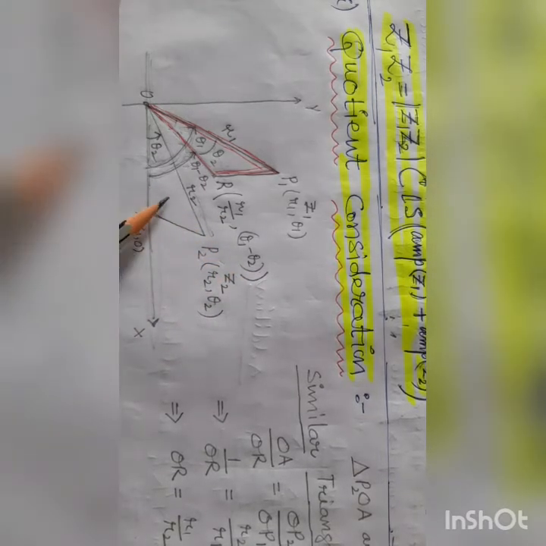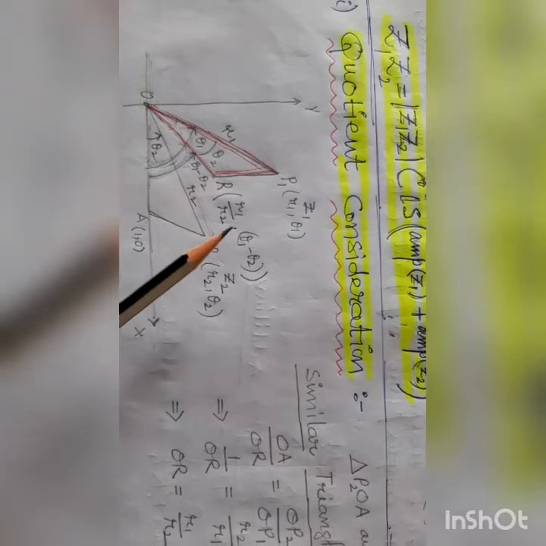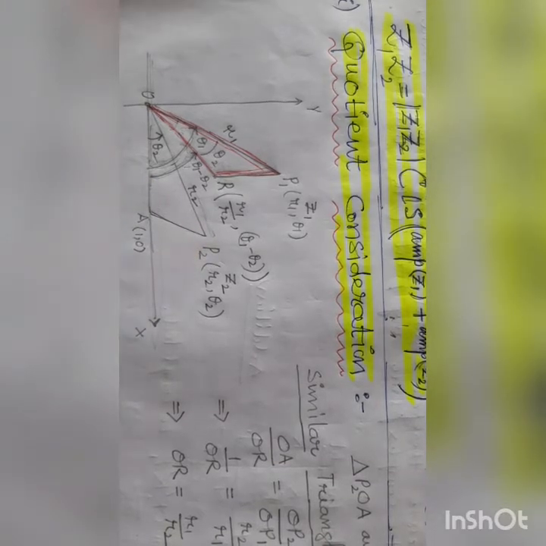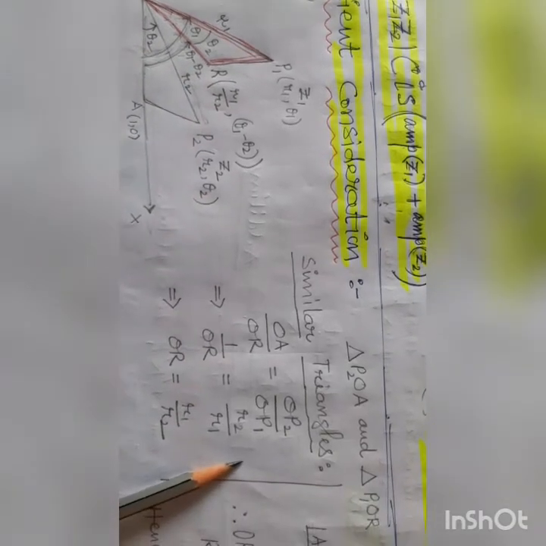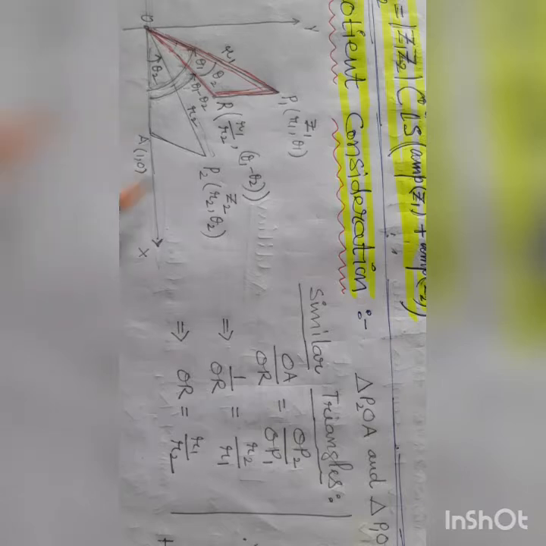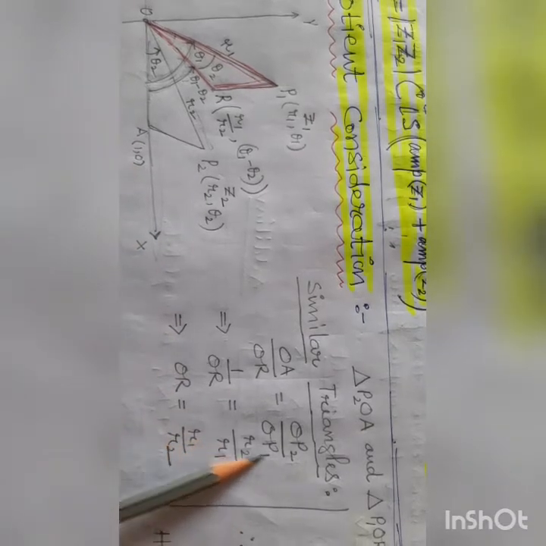Now, because of similar triangles, we will find the modulus. OA by OR equals OP2 by OP1. 1 by OR, because OA is 1, equals OP2 by OP1, which means R2 by R1. So OR equals R1 by R2.